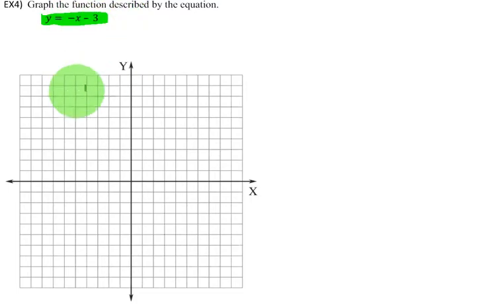It will allow us to see an overall picture or structure of what's happening with that function.